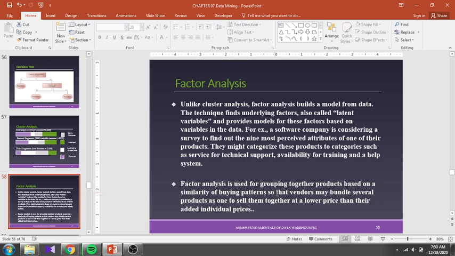So factor analysis is used for grouping together products based on a similarity of buying patterns, so that the vendor may bundle several products as one to sell them together at a lower price than their added individual prices. Okay, factor here means that another factor comes to make things stronger, or more highlighted.